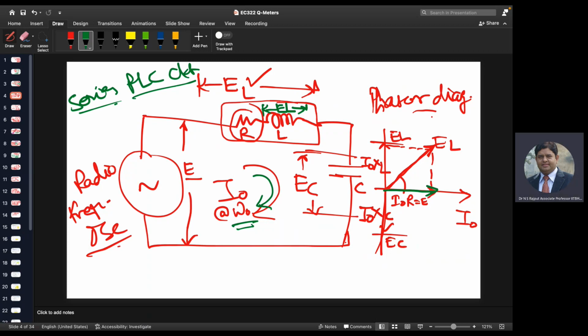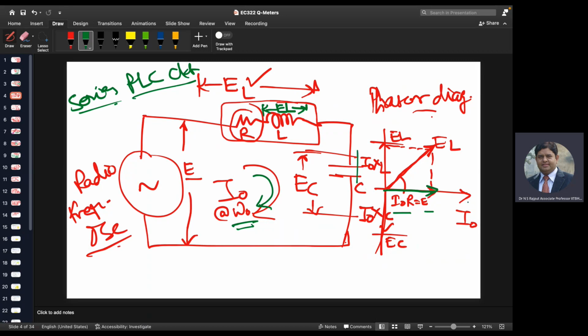So this voltage will, rather, sorry, this is voltage. We are talking about voltages and we are plotting the voltages, and voltages are being measured by this, right?